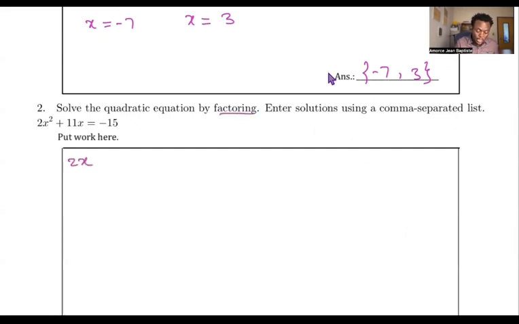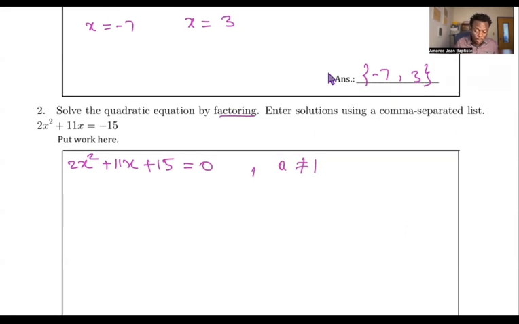So we're going to add 15 on both sides to get 2x squared plus 11x plus 15 equals 0. Since the coefficient of x squared is not 1, we want to multiply the coefficient of x squared and the constant to get AC equals 30.